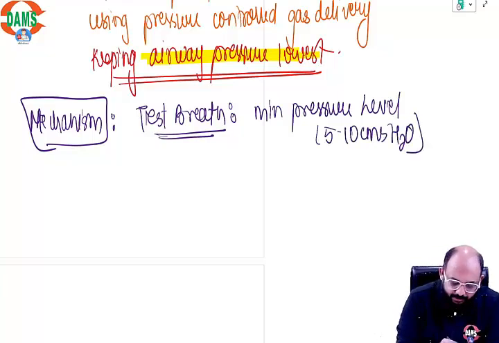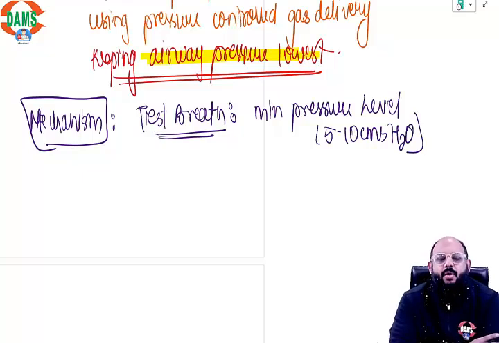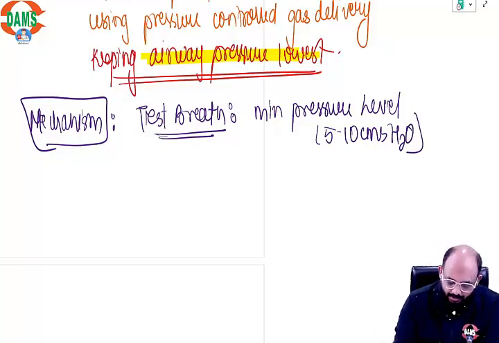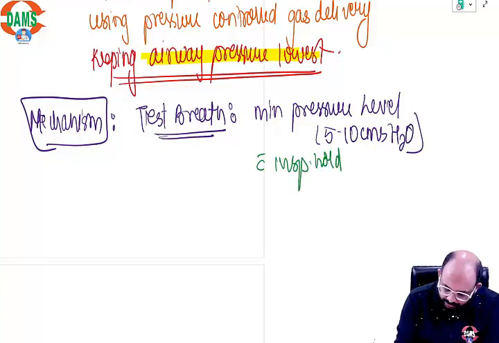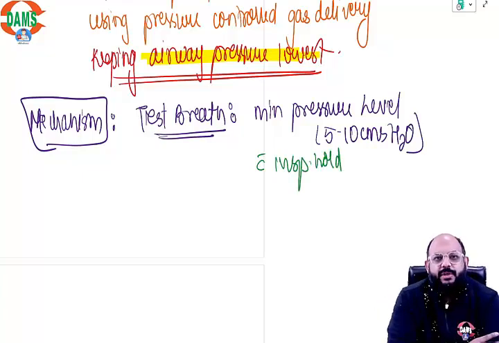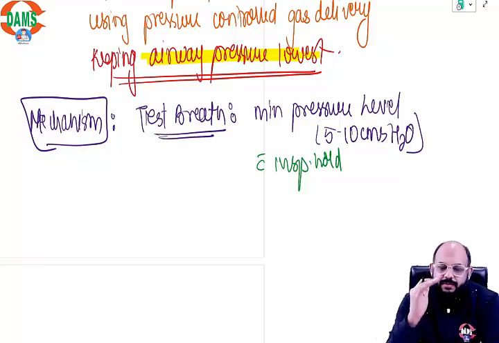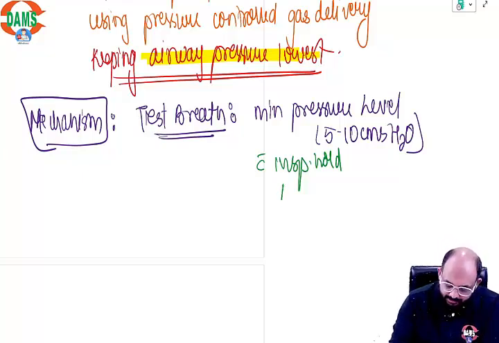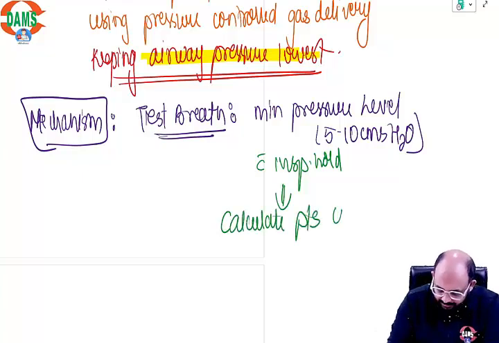This is to check for the resistance and compliance of the breathing system with an inspiratory hold. So initially you will always find tidal volumes are 250, 300 and you always see an inspiratory hold. This is to calculate the patient's compliance.